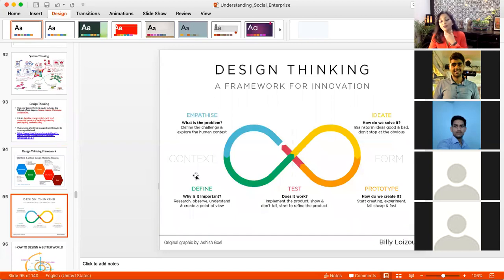So the design thinking framework for innovation can also be understood in this kind of circular loop. It's a loop if you see it, but it has the same steps: empathize, define, ideate, prototype, and test.